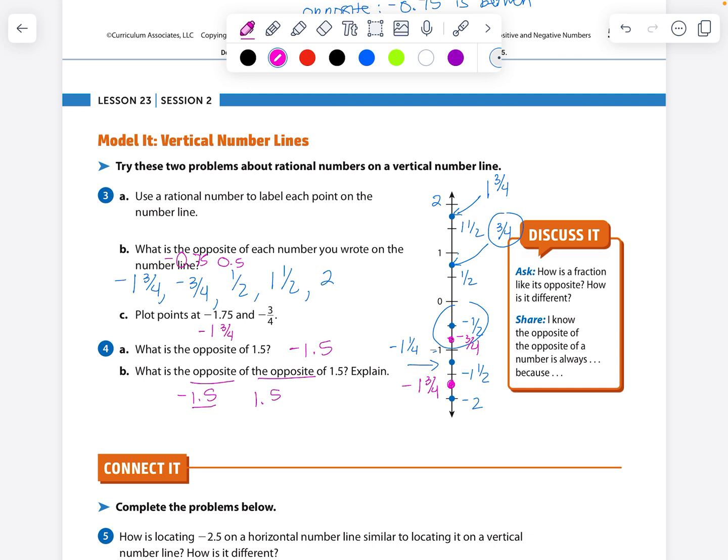So what we want to notice here is the opposite of the opposite is the original number. Okay, and it's also written sometimes like this, because the negative sign is opposite. So it's the opposite of -1.5, or 1.5. Okay. All right.